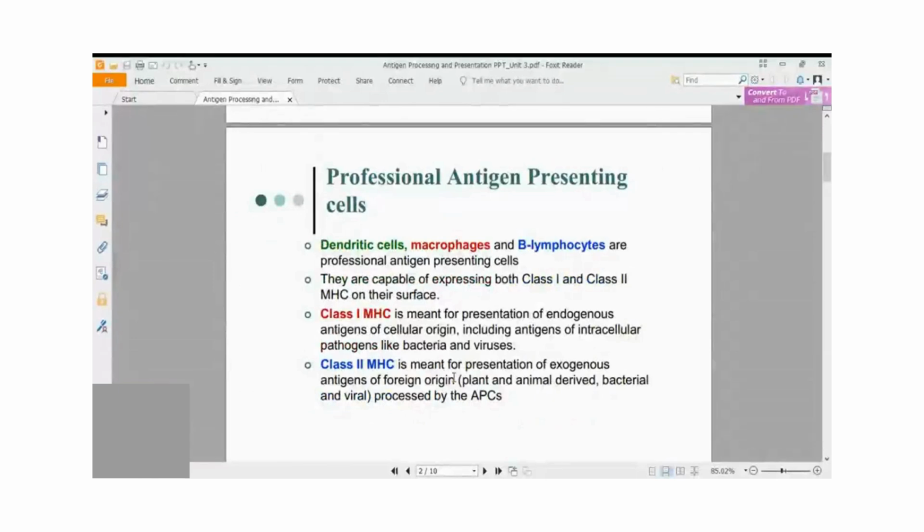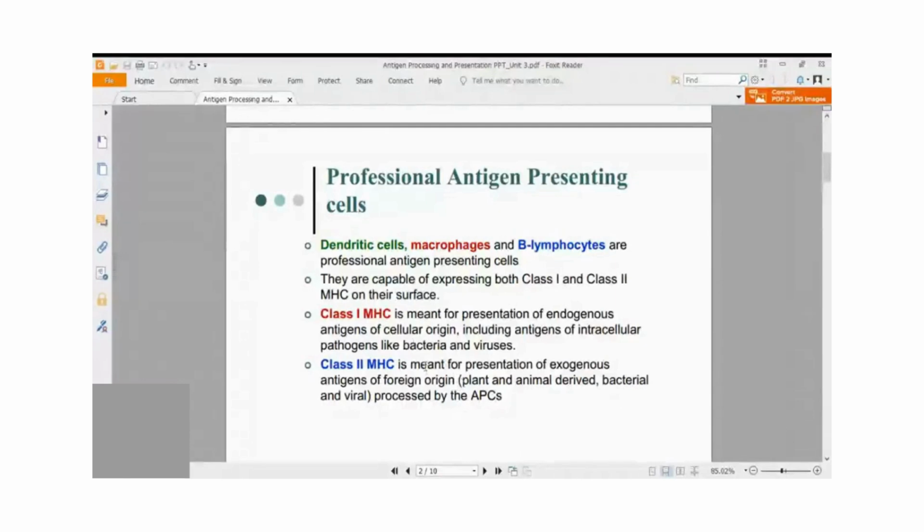And class 2 MHC is meant only for presentation of antigens of exogenous origin. They are all foreign antigens, may be derived from plants or animal origin, or they can be bacterial or viral origin. Exogenous antigens, they do not belong to our body. They enter our body and then they are processed by the antigen presenting cells, and then they are presented on class 2 MHC.